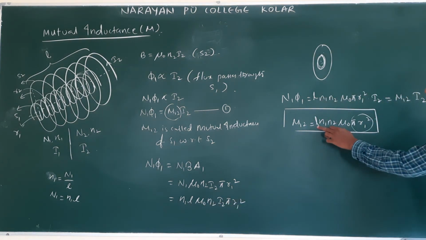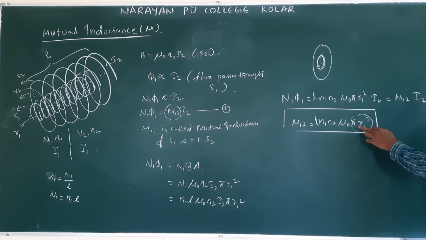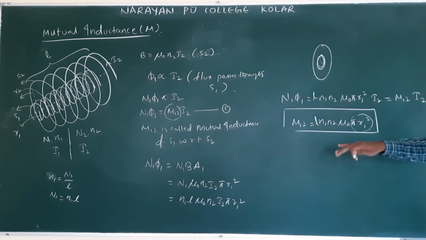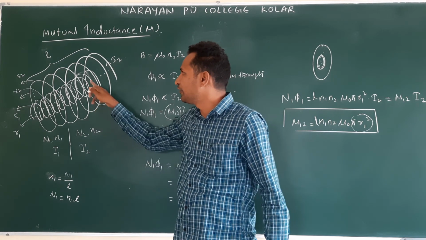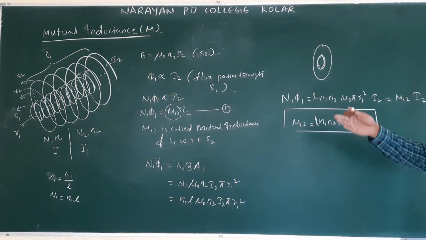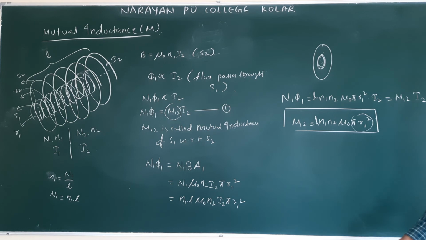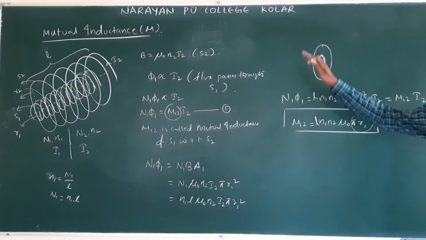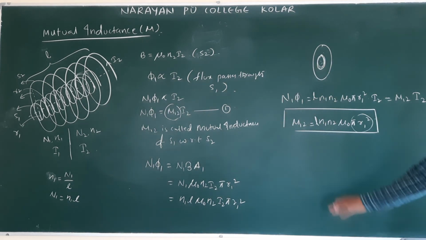So it depends on length, number of turns, permeability, and area; not current, not magnetic flux. So first what I have done is current alone in the outer coil, then we calculated the flux crossing the inner coil. This is the first case. The next case is we pass the current in the inner coil. What will happen in the secondary coil? That we will see in the next class. Meanwhile, write down and read the textbook. You will come to know what I have done here. Clear? So make a note on this.